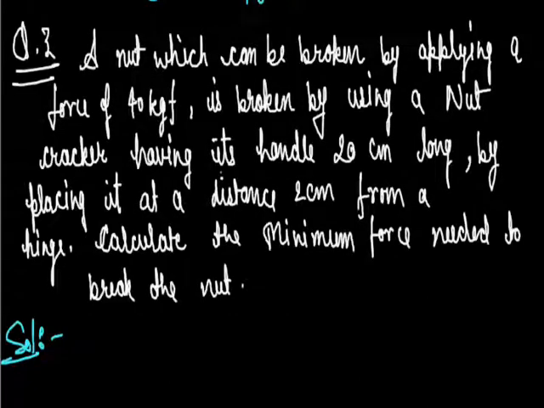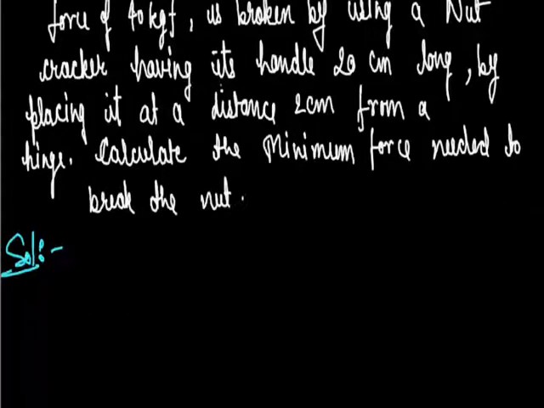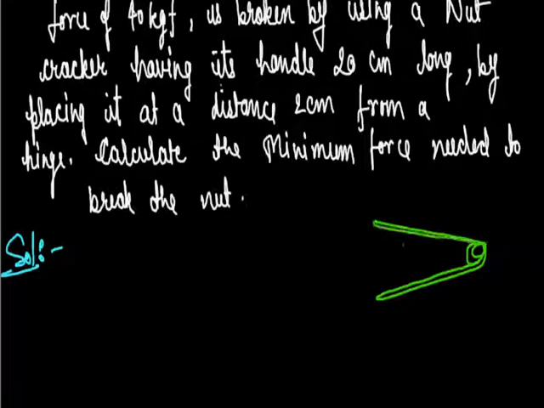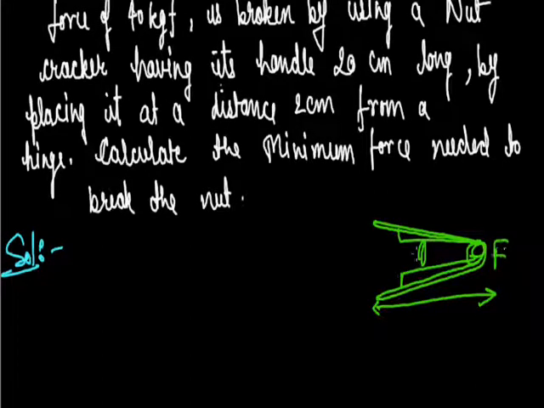By placing it at a distance 2 cm from the hinge, we can draw a rough diagram. Nutcracker is given. Suppose it is the nut. Its total length is given, and here is the fulcrum. Here is the position of load, and here we apply effort.